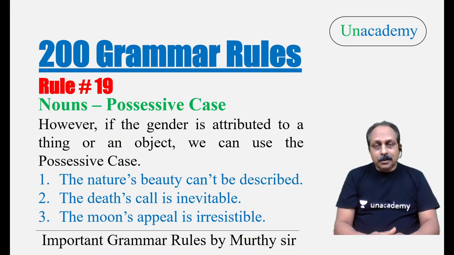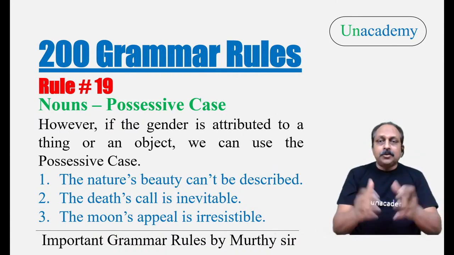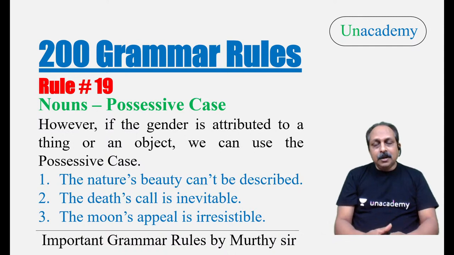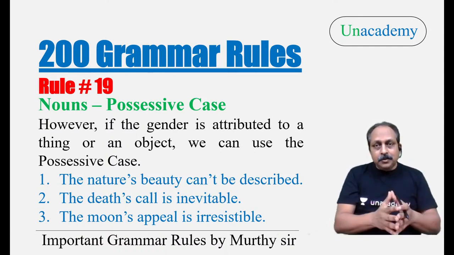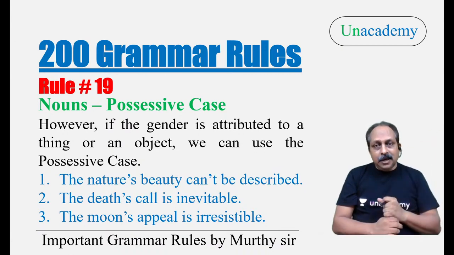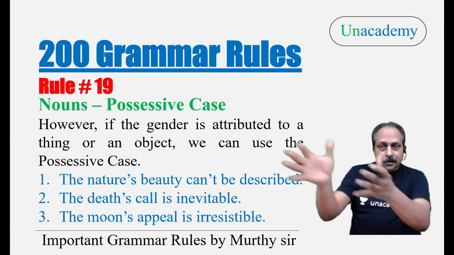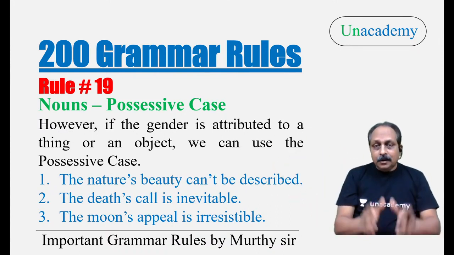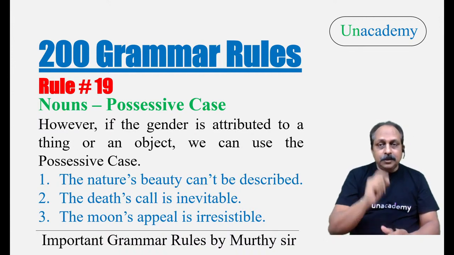You have already learned that English people, when they saw certain things in the past, were awestruck, quite impressed. Anything that expresses power and strength, they attributed the masculine gender. Anything that expresses beauty and grace, they attributed the feminine gender. For those examples, you can use a possessive case.